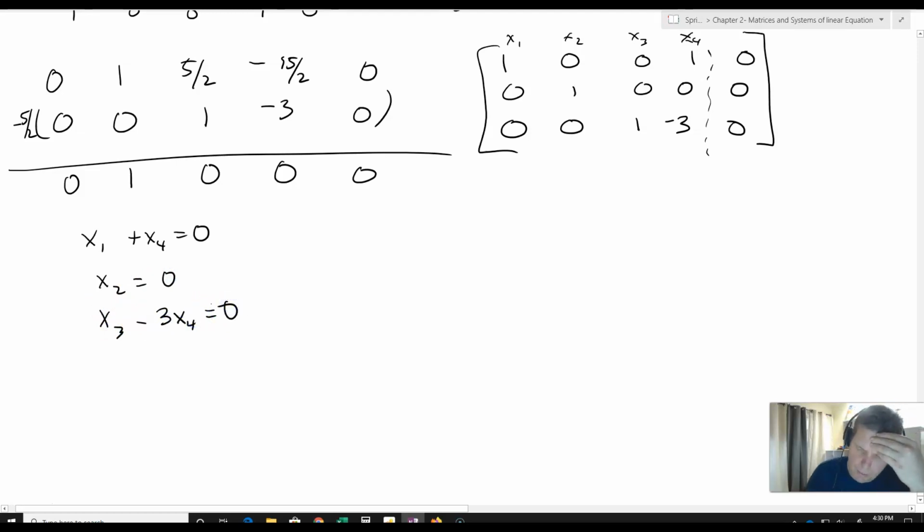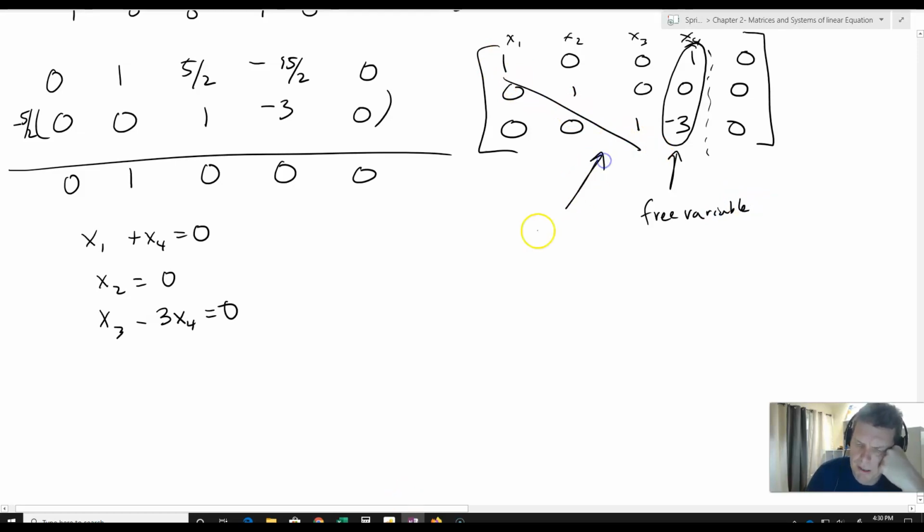Okay? And so what I'm seeing here is that this variable right there is free. So x4 is a free variable. The reason why it's free is because there's no pivot for that variable, and no pivot means free.